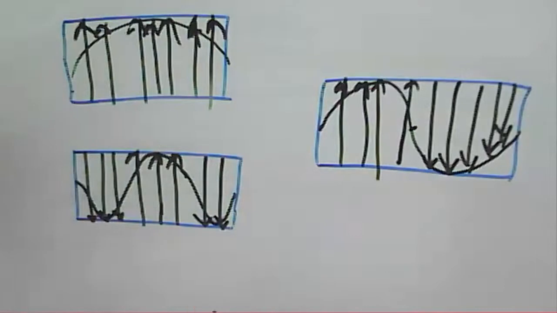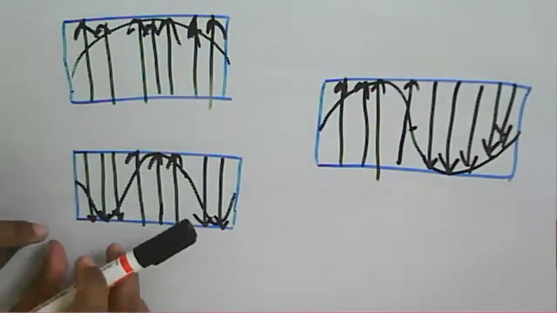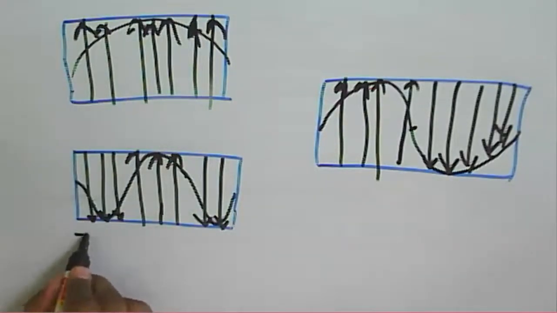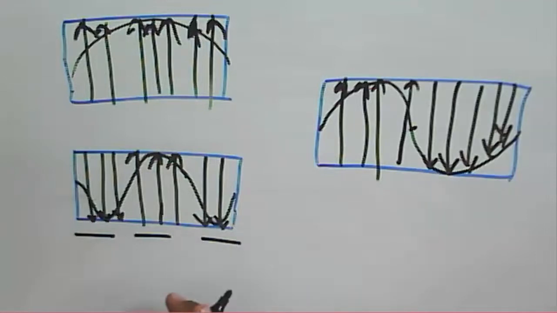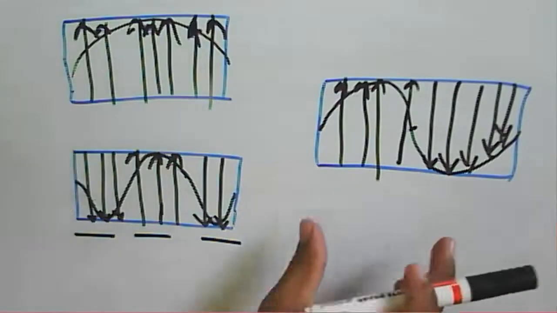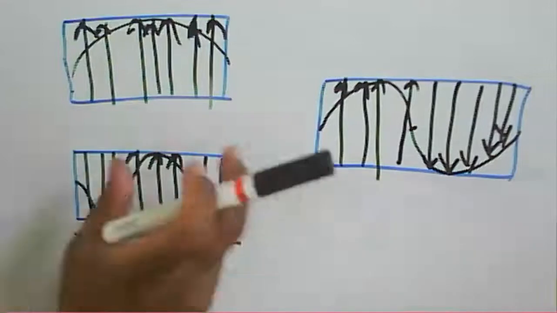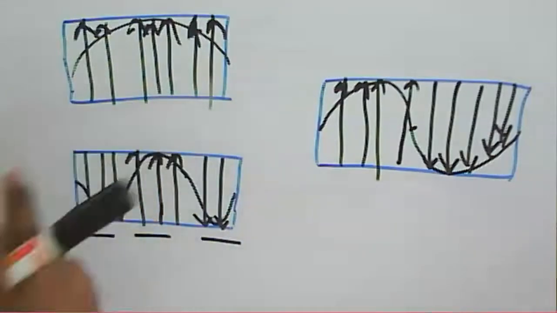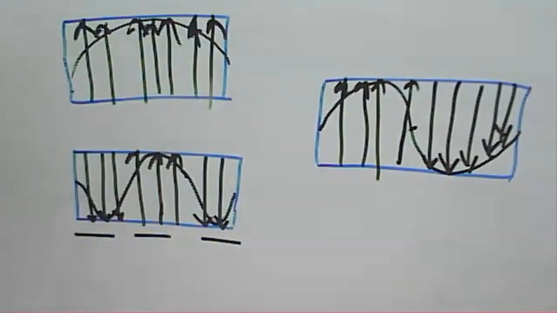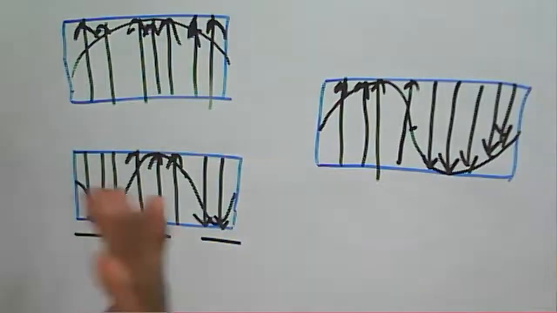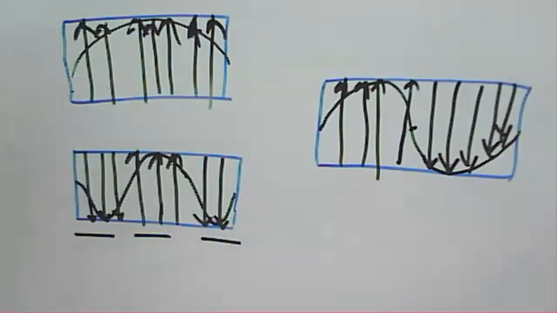Likewise, this one is about a half. So we can say that this is the 1.5 sine E field distribution. This one is a full sine E field distribution, and this one is a half sine field distribution. So similarly, we have the magnetic field distributions.